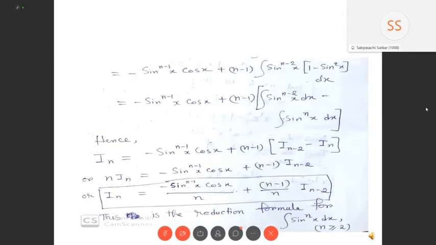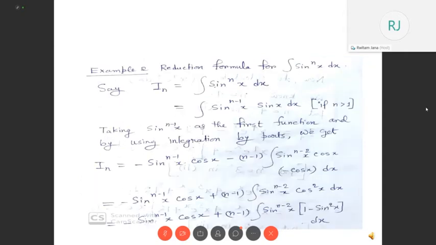In your main reduction formula for In, there is a value In minus 2. Now if you put n equals 2, you want to calculate I2, then you will get I0 here, and you can calculate the I0 value from In by just putting n equals 0, right?